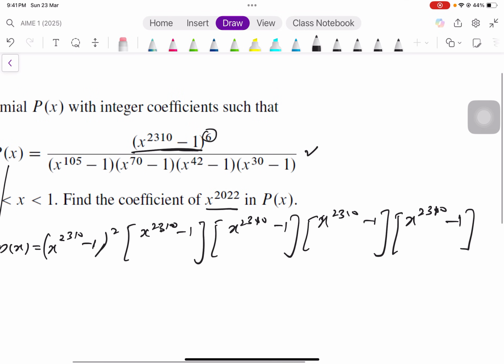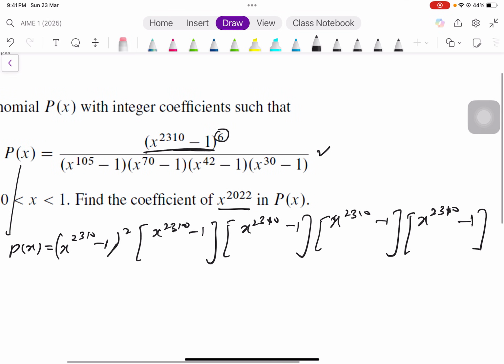Therefore, I can see that there are 4 terms, so it is actually (x^2310 - 1) to the power of 4, and then this is power 2, so it goes back to power 6, right?